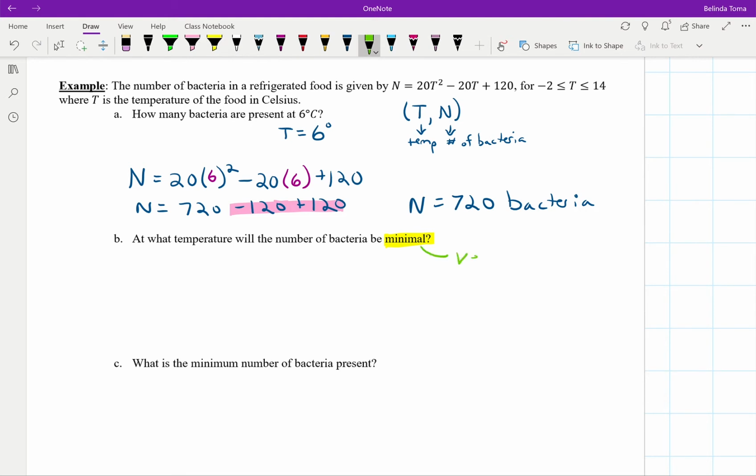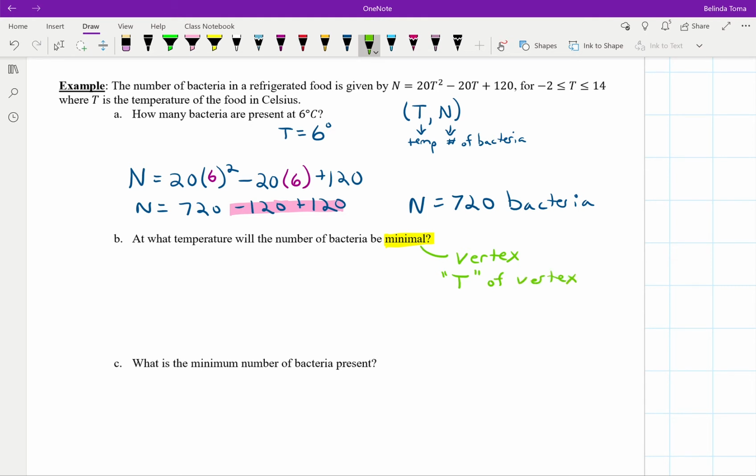So when you see the words minimum or minimal versus maximum, then you should be thinking about the vertex. So if we want to know at what temperature the number of bacteria will be minimal, that is going to be, again, the X coordinate or the T coordinate of the vertex.